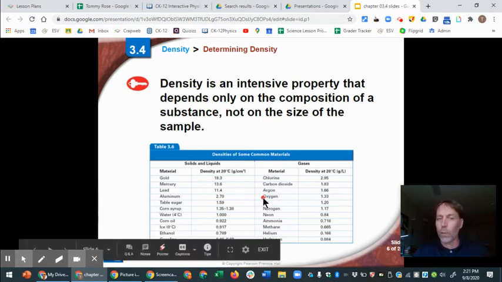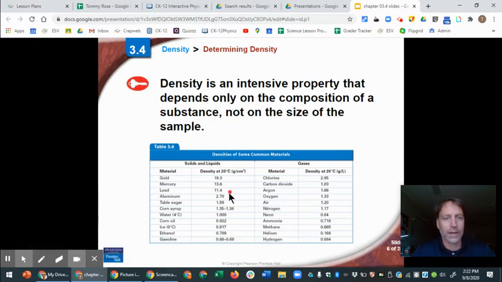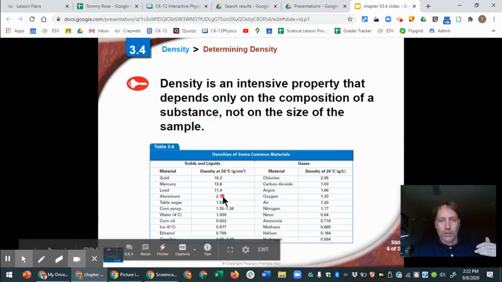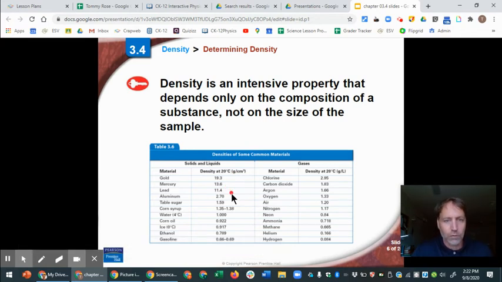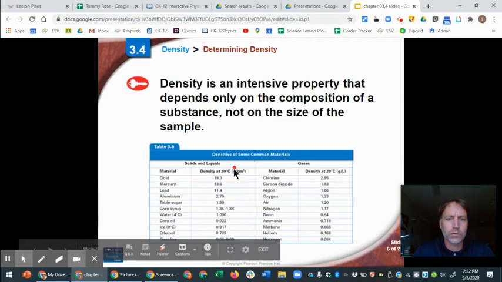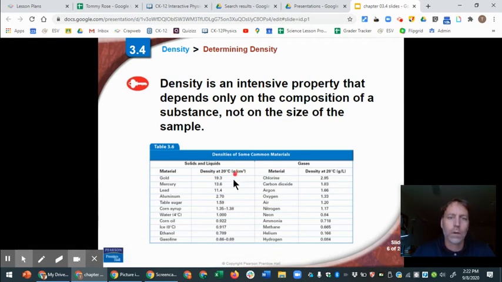So things that are made of oils, vegetable oils, gasoline, diesel fuel, ethanol, those types of oils are less dense than water. Likewise, things like gold and mercury and lead have these higher densities, 19, 13, and 11 respectively, and they'll sink in water. So these are all measured in grams mass per centimeter cubed volume.